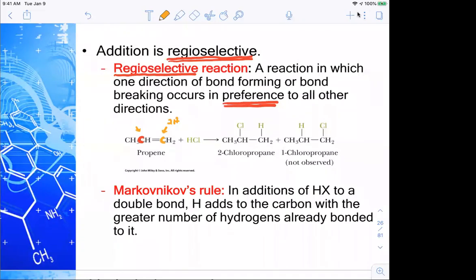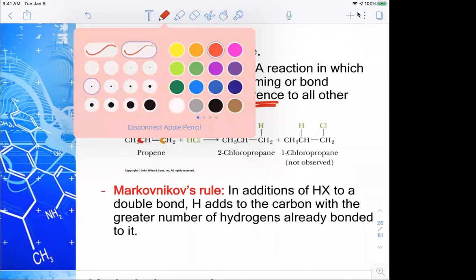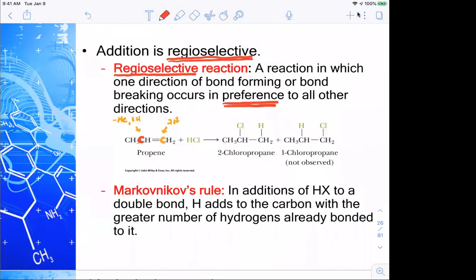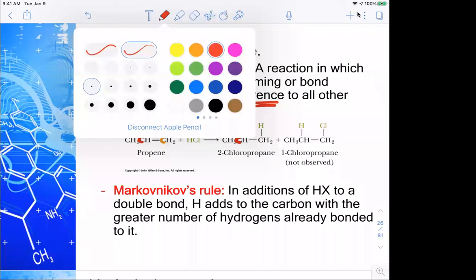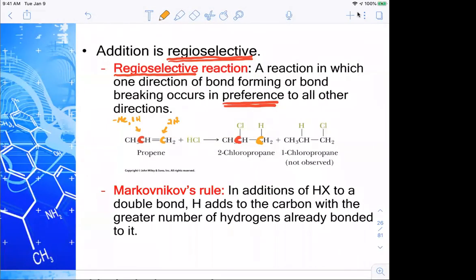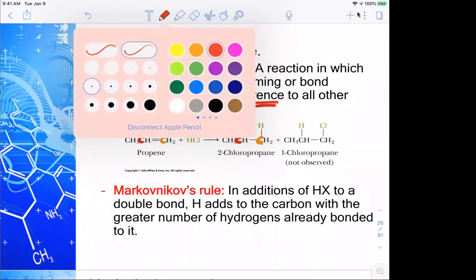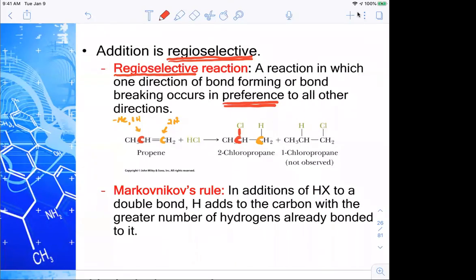Here's an example. This carbon is not the same as this carbon because this has two hydrogens and this has a methyl and one hydrogen attached to the carbon of the carbon double bond. So notice I get two different isomers. If the chlorine attaches to the red carbon, this is my red carbon. This is my orange carbon. When the hydrogen is attached to the orange carbon and the chlorine to the red carbon, that produces 2-chloropropane.